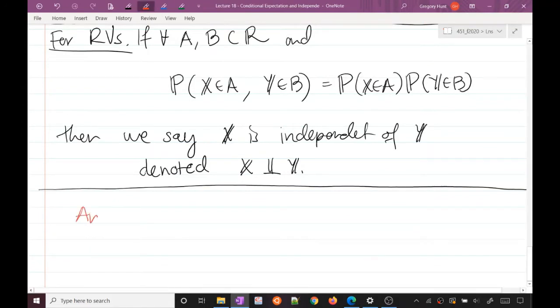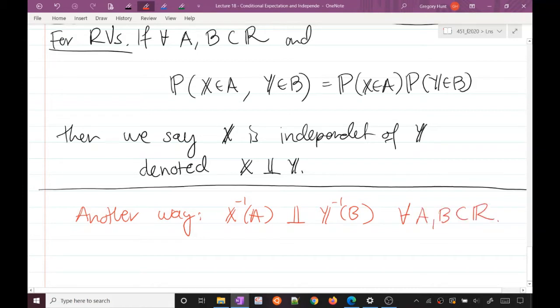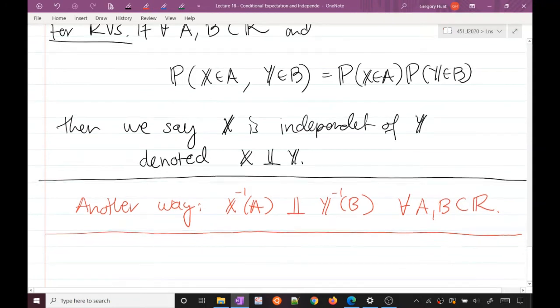Another way of thinking about this is that the events X inverse A is independent of Y inverse B for all A and B. X inverse A is an event, Y inverse B is an event. If for all A and B, X inverse A, Y inverse B are independent as events, then X and Y are independent as random variables.